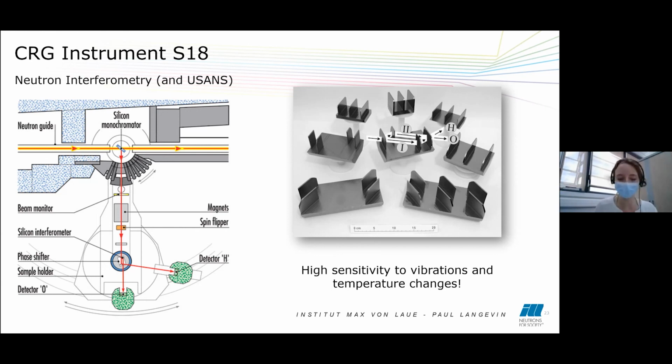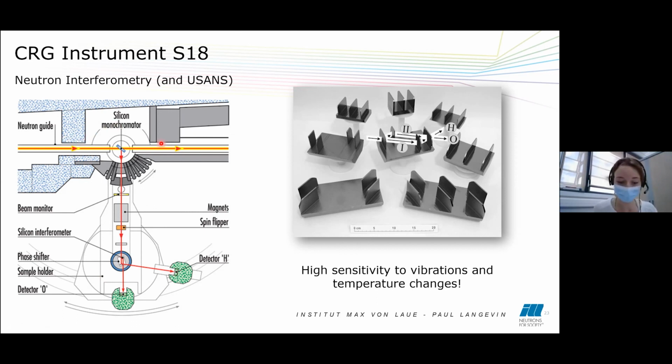What is very special about the whole instrument is that it's well isolated in terms of vibration and temperature, since interferometry experiments are very sensitive to these disturbances. So the perfect silicon crystal here is located on a vibration isolated optical bench. Also, a stable temperature is ensured by two housings around the whole setup, and thermostats are used to keep the temperature of the whole setup constant.